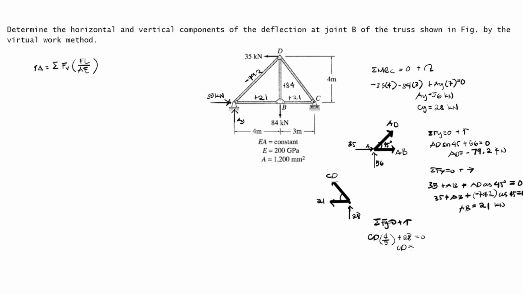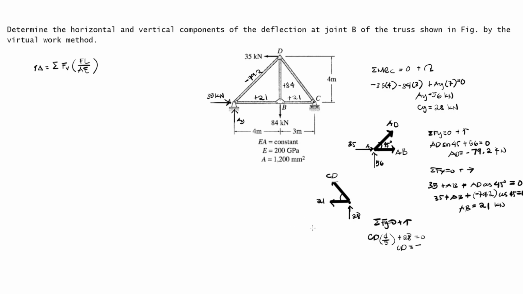So, ang CD natin is equal to negative 28 times 5 divided by 4.